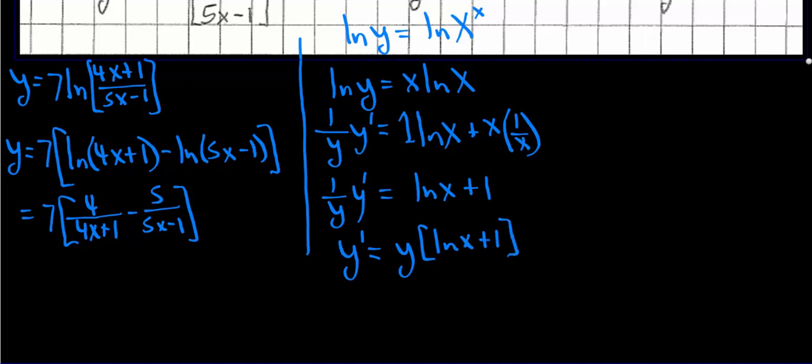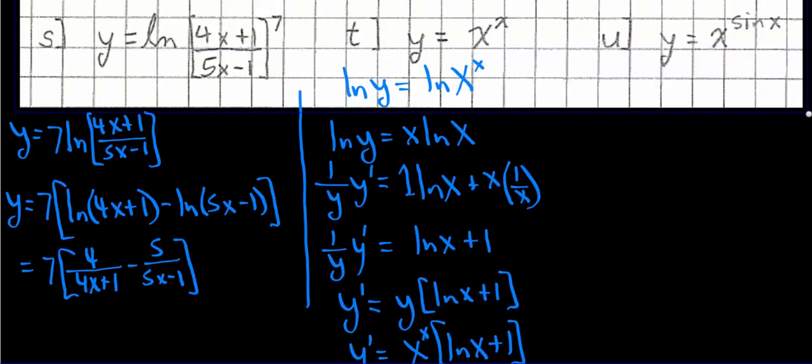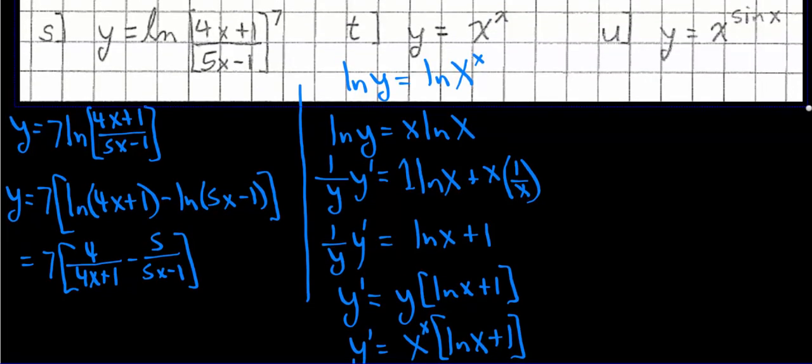And when you consider that y is x to the x, here's what your derivative looks like. There it is. Now we do the same thing over here. We've got log y equals sine x log x.